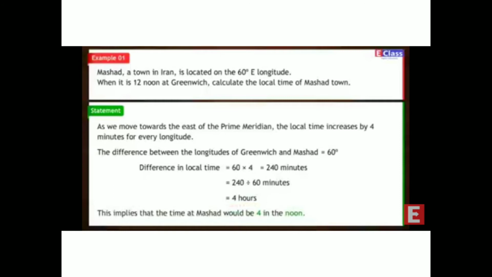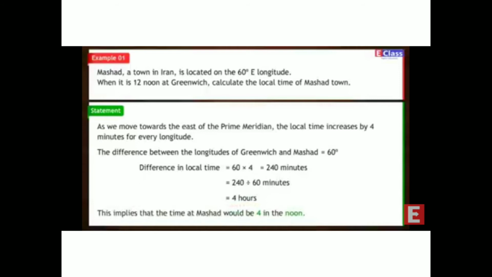First example: Mashhad, a town in Iran, is located at 60 degrees east longitude. When it is 12 noon at Greenwich, calculate the local time in Mashhad. First we are going to see the statement. As we move towards the east of the prime meridian, the local time increases by 4 minutes per longitude.